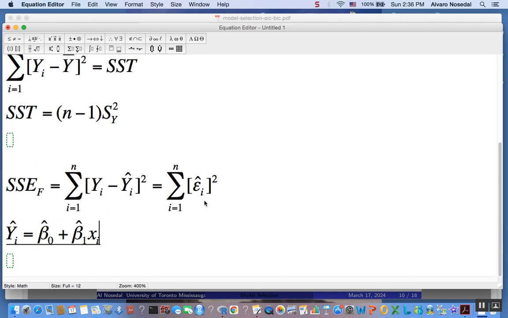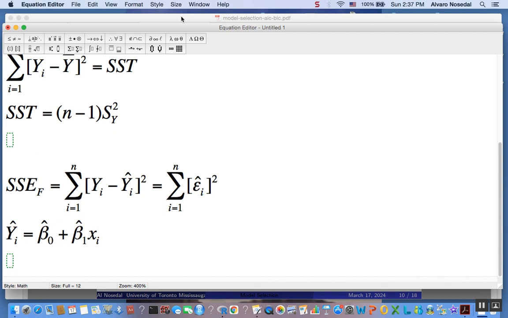We know that asymptotically that function of the difference between these two quantities will have a chi-square distribution. In this case the number of degrees of freedom will be 1, because we have two parameters for the full model and one parameter for the reduced model.